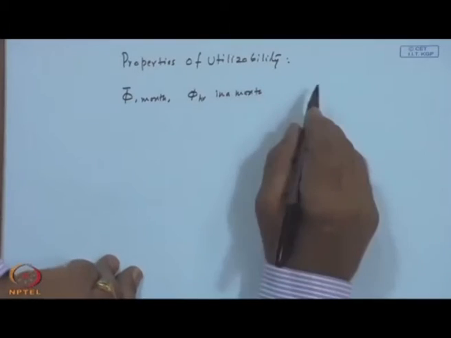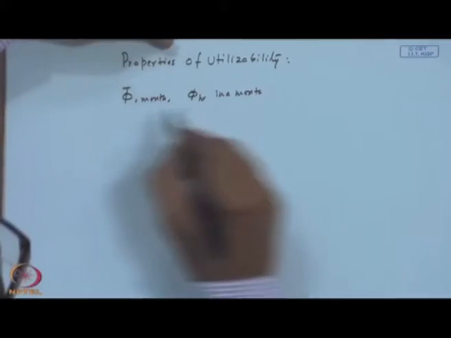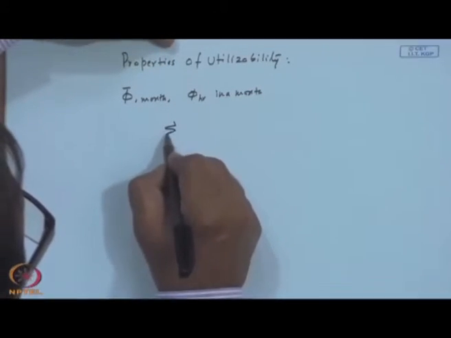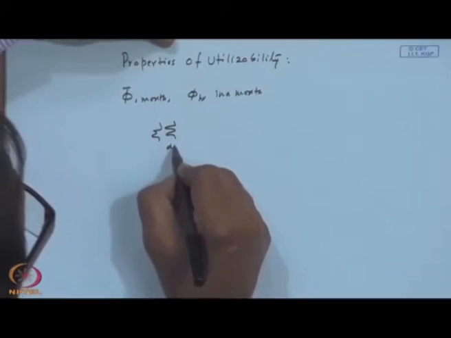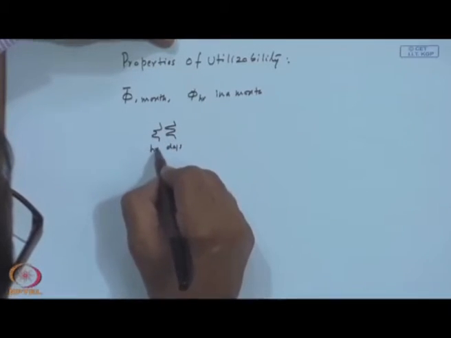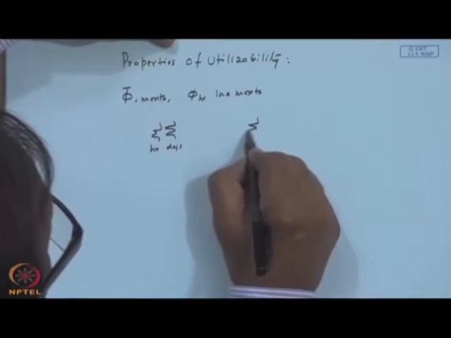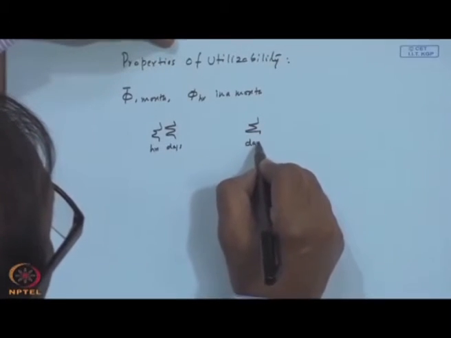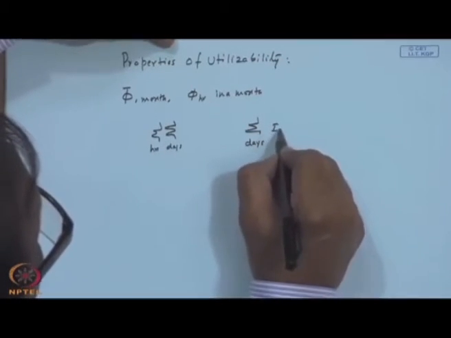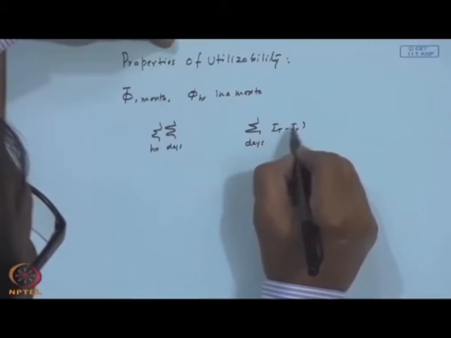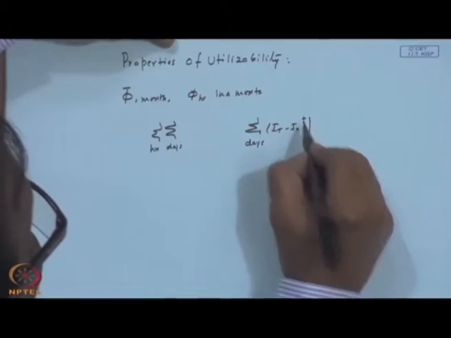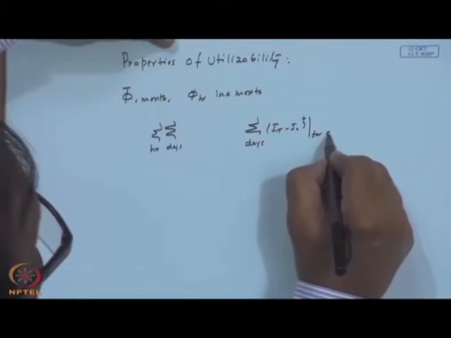Of course, as I have explained for the day also. So, this is in terms of summation over the days and hours. This will be summation over days of I t minus I c, plus, for a particular hour.